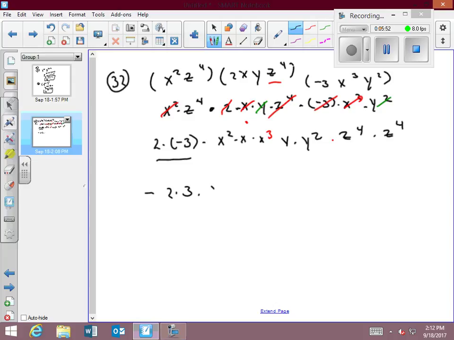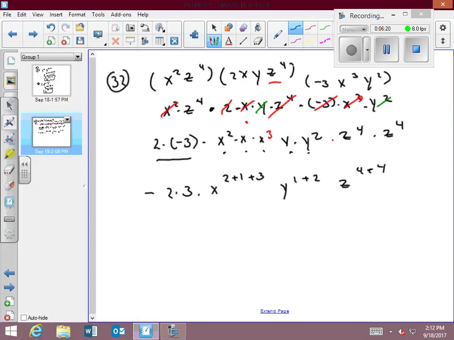Then this is x to the 2 plus 1 plus 3, because these bases are multiplied. Then it's y to the 1 plus 2. These are multiplied, so you add the exponents. Then it's z to the 4 plus 4.